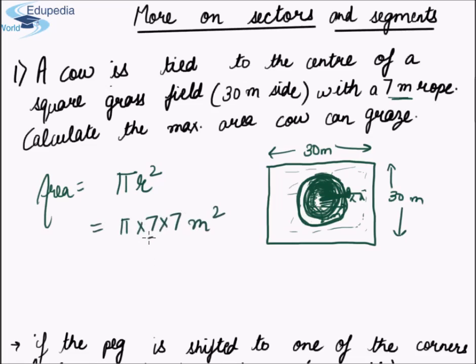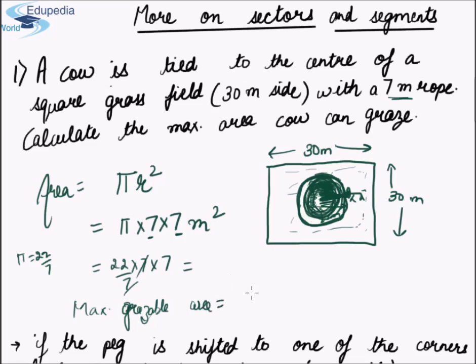Now since we have 7 in the numerator, we can use the value of pi as 22 by 7 to simplify the calculations. So we have the maximum grazable area as 22 into 7 meters squared, that is 154 meters squared.